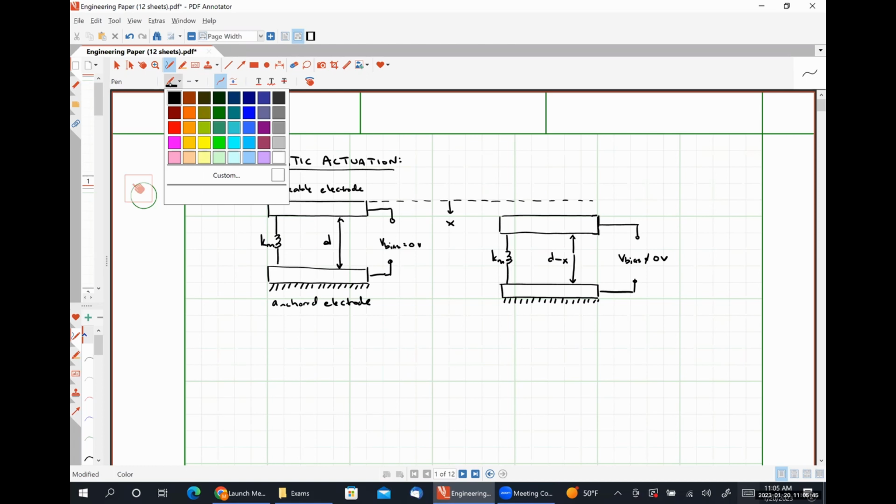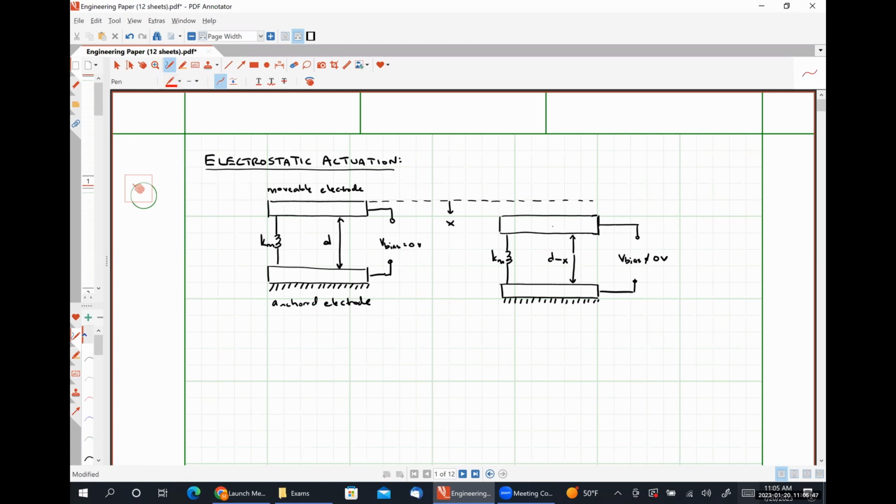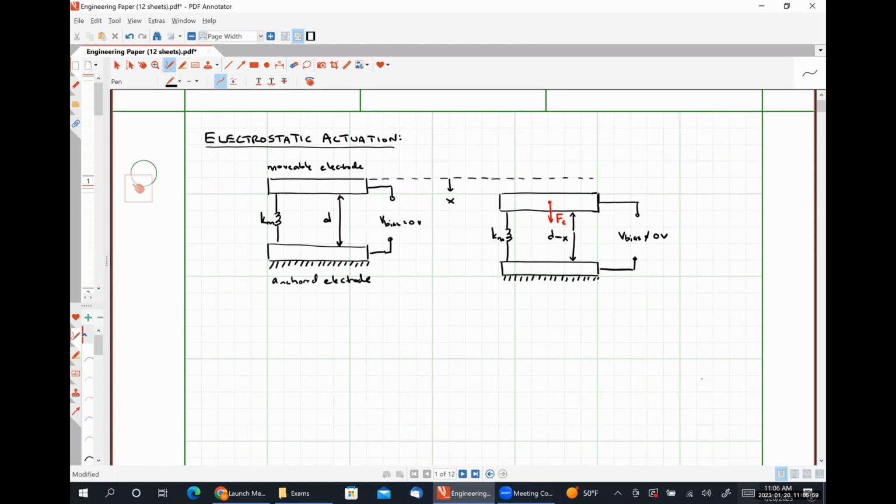So I'm going to represent my electrostatic force Fe as a force in the down direction, like so. And we're going to throw a little math at this.